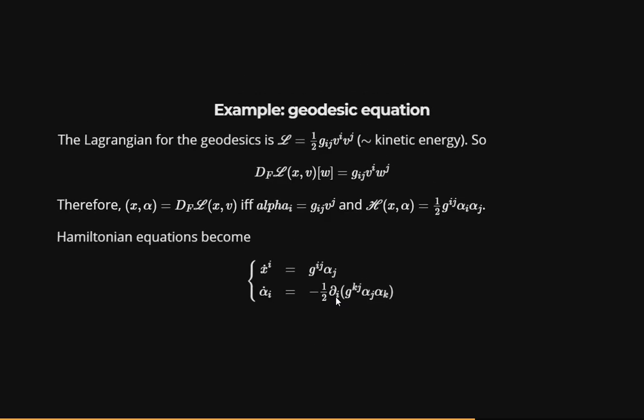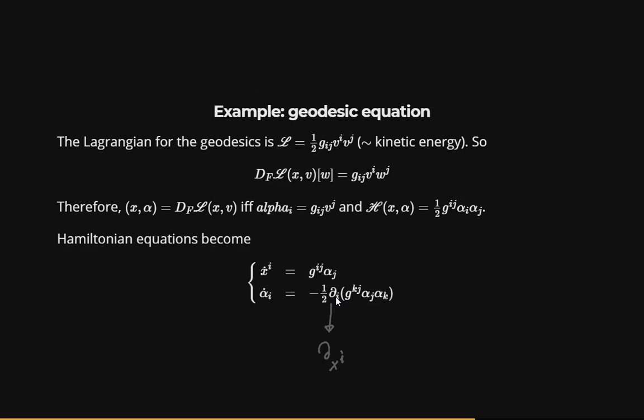Now, why is this interesting? Because the Euler-Lagrange equation for geodesics involved second derivatives of the Lagrangian.